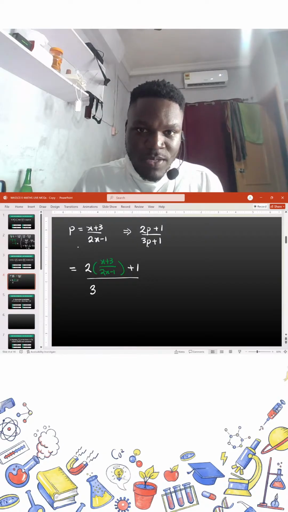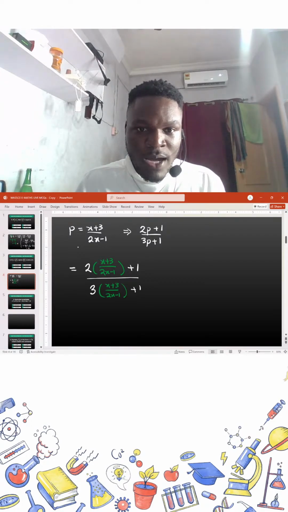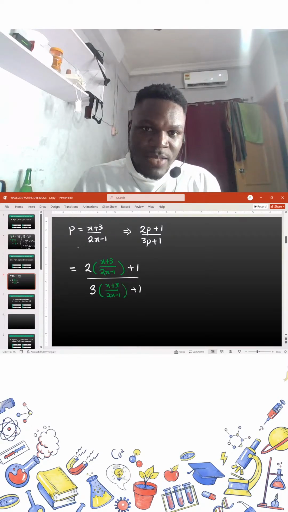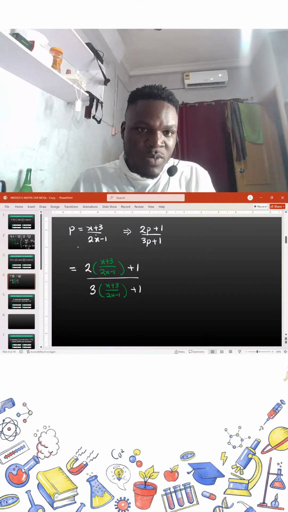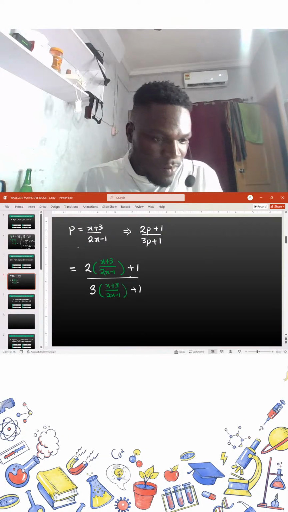Then in place of the p over here, I'll put the expression for p again, which is in brackets x plus 3 all over 2x minus 1. Are we okay? And then I have my plus 1 at the bottom added to it. So all that I've done so far is that in place of the p's in 2p plus 1 over 3p plus 1, I placed the expression for p, which is x plus 3 over 2x minus 1. Are you okay?